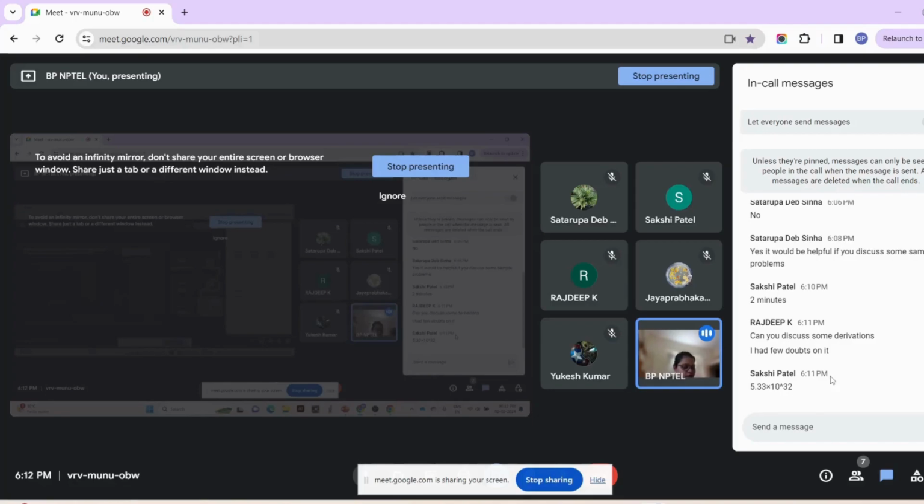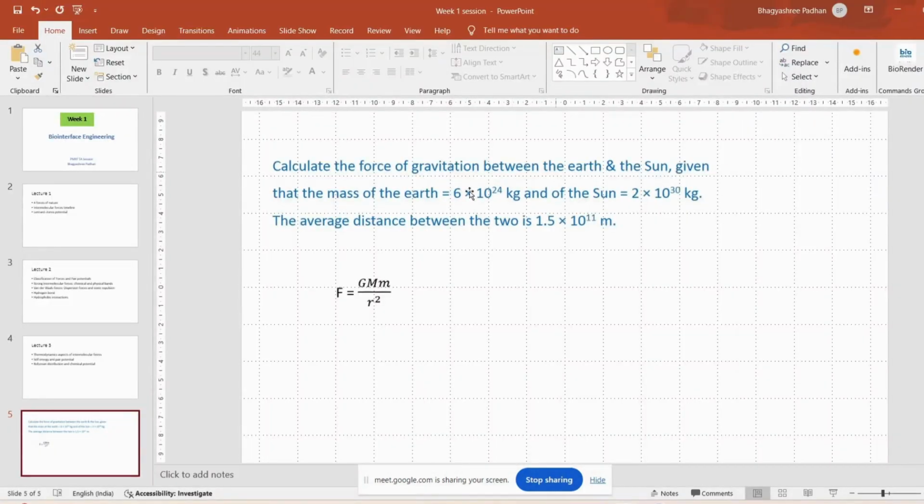So for this question, G would be 6.67 into 10 power minus 11 Newton meter square per kg square, right? And then we have M1 as 6 into 10 power 24 kg and M2 as 2 into 10 power 30 kg. And the R square would be 1.5 into 10 power 11 whole square.